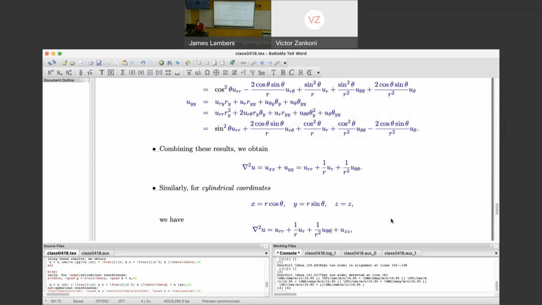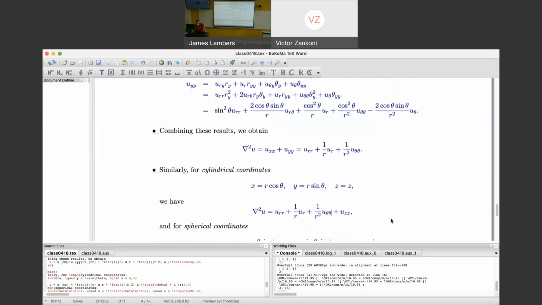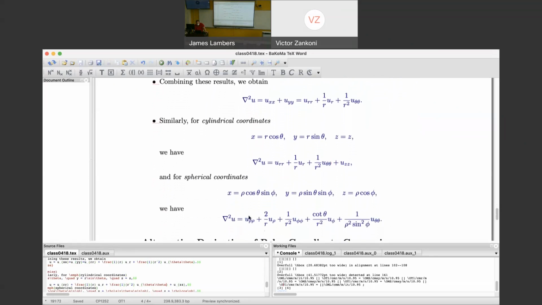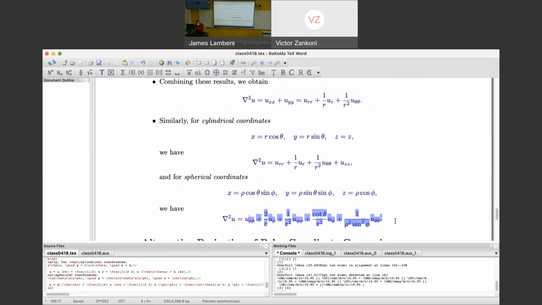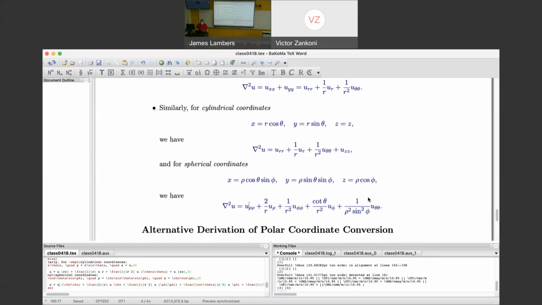And then if you were to go for an even more monstrous chain rule exercise than what I showed you, you could get the Laplacian in spherical coordinates. That's all this. Okay.